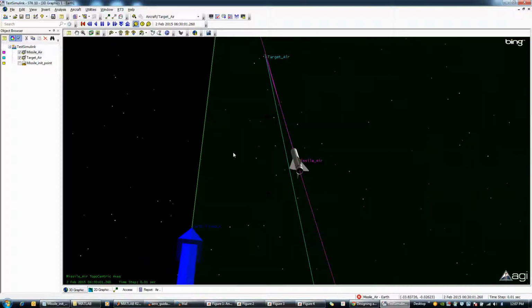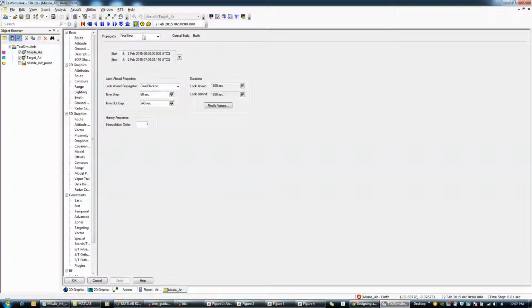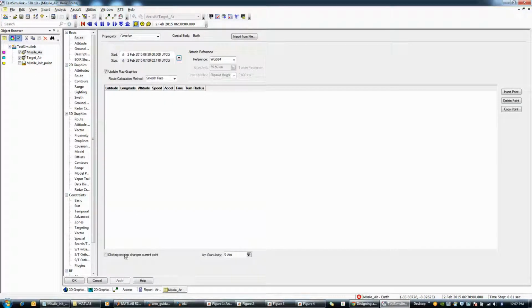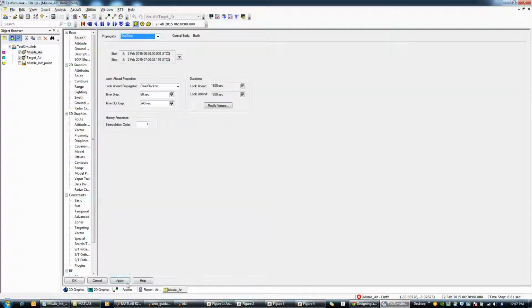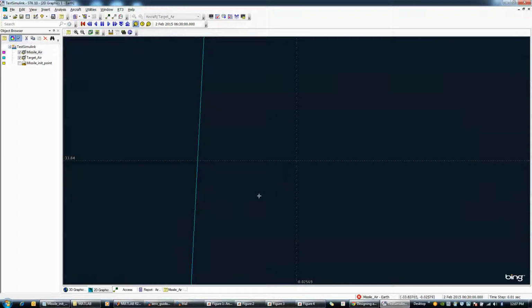So the thing is, now I can change the position of the target and rerun the simulation. So for example, in this one, I just reinitiate the missile, and I just changed the position of the target.